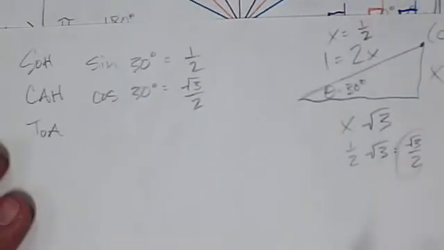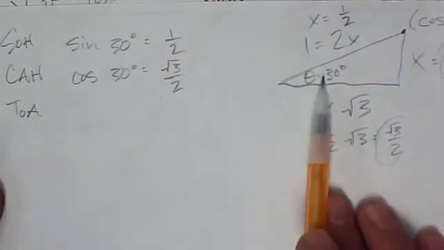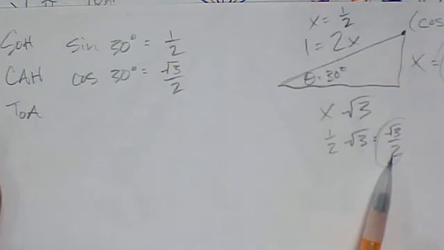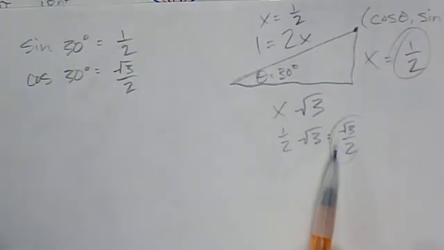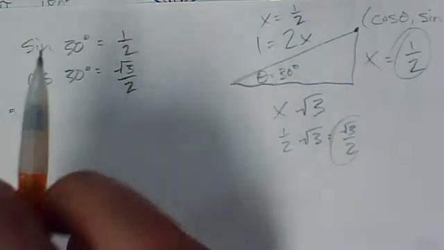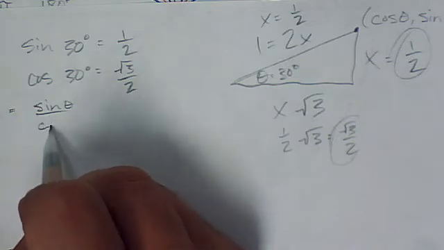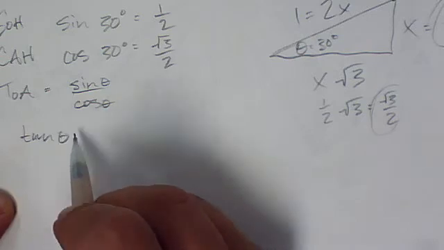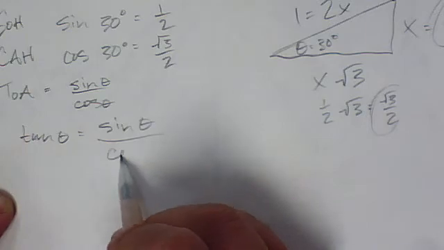Now tangent. Tangent is opposite over adjacent, so if we're talking about the tangent of 30 degrees, you're looking at 1/2 over the square root of 3 over 2. Or in other words, sine of the angle over cosine of the angle. Let me rewrite that. Tangent of theta is equal to sine of theta over cosine of theta.